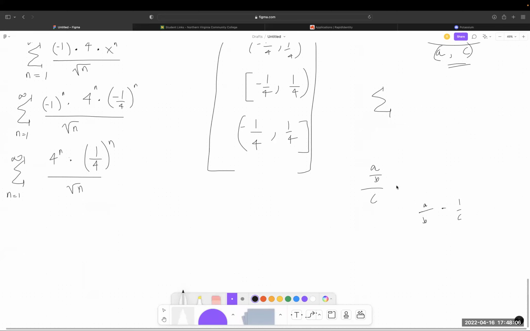So if that fraction is on top, you can just put it out front, and everything else is the same. You can do the same idea here with the sum from n equals 1 to infinity. This fraction is on the top, but we can just put it out front. We'll have this.